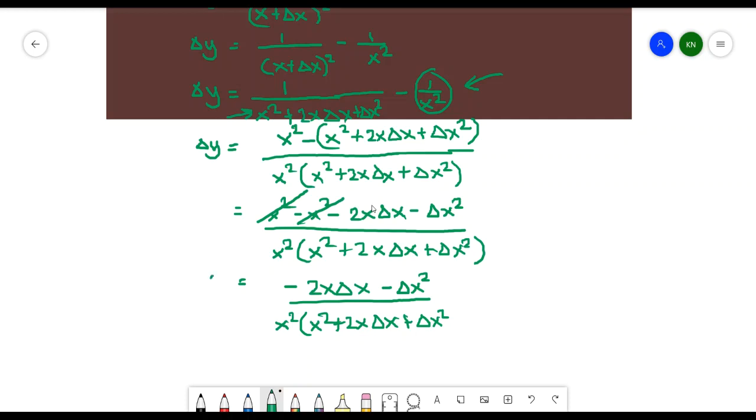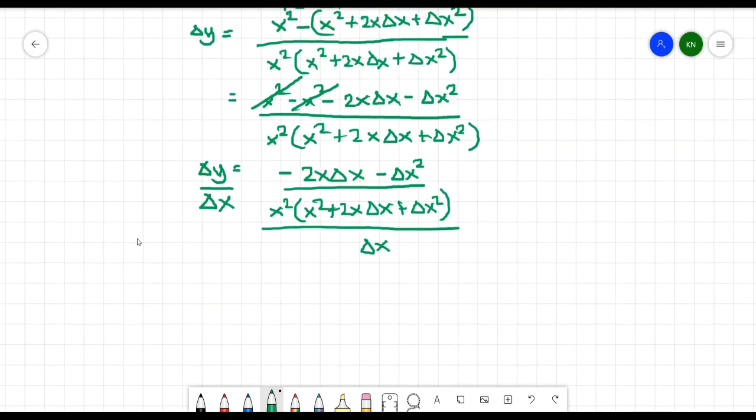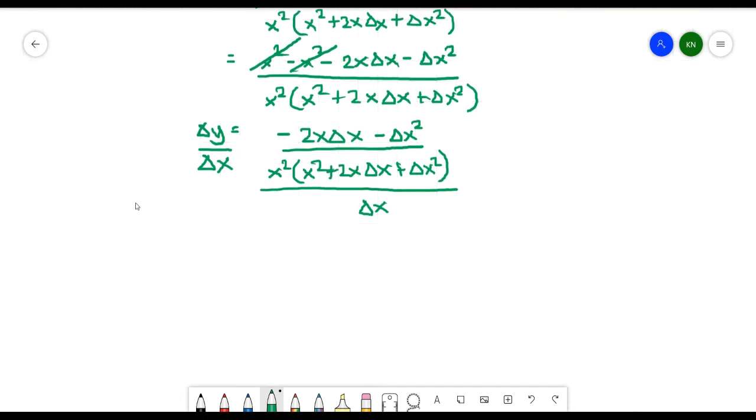Now, after that, since we cannot cancel terms anymore, we need to divide both sides by delta x. So, dividing delta y by delta x, then this one as well, we need to divide that by delta x. And again, in dividing a fraction, we just have to multiply that with the reciprocal of our denominator, right?